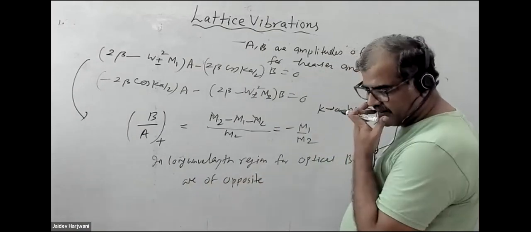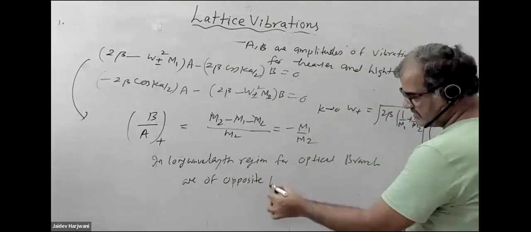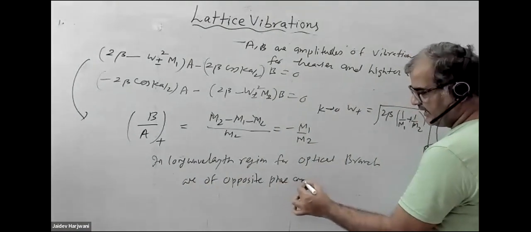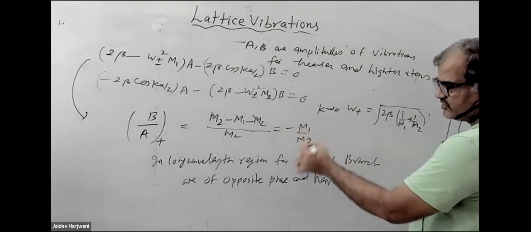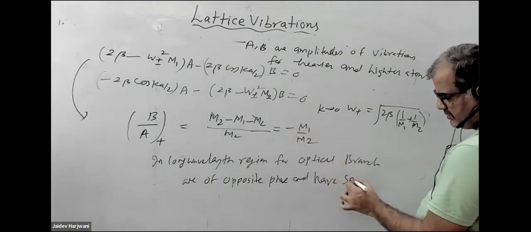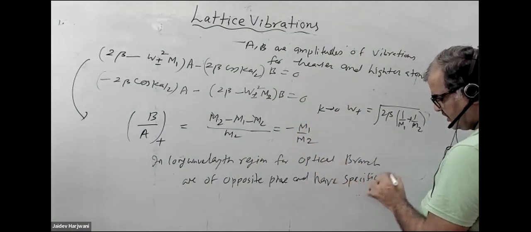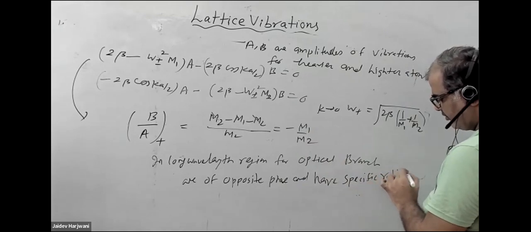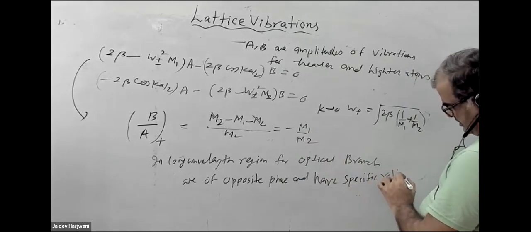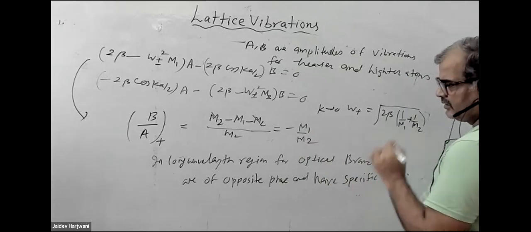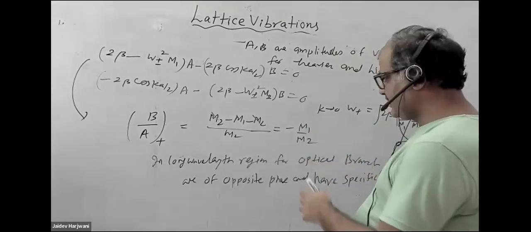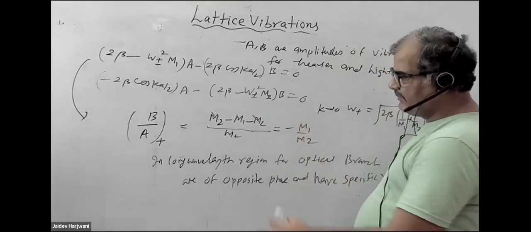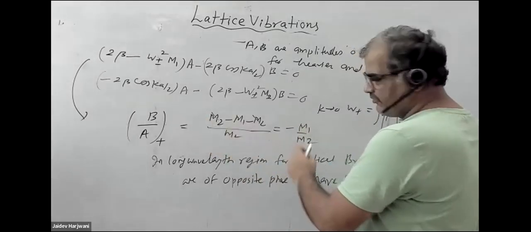The vibrations of the lighter atom and the heavy atom are of opposite phase and have some specific ratio. This ratio is not 1; the ratio value is m1 upon m2. So the phases are opposite and the ratio is m1 by m2. That means B is inversely proportional to m2.